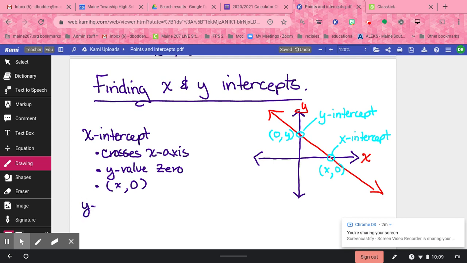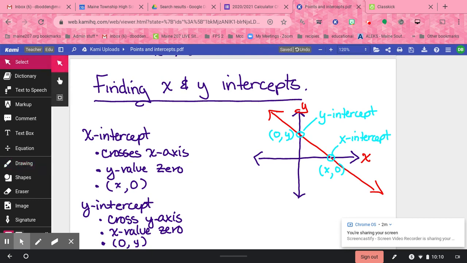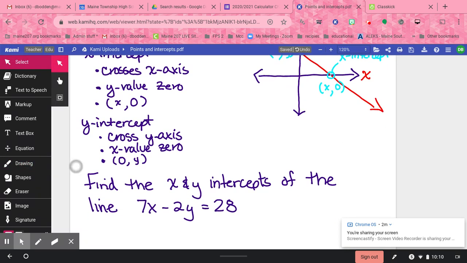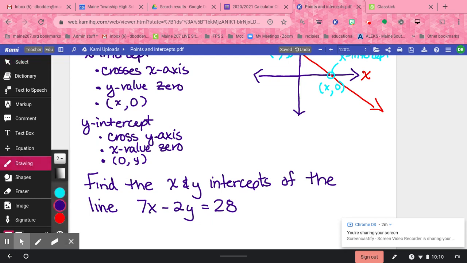For the y-intercept, it's going to cross the y-axis. The x value is going to be 0. So the ordered pair will always have an x value of 0 and then some y value. So let's look at a few examples together.